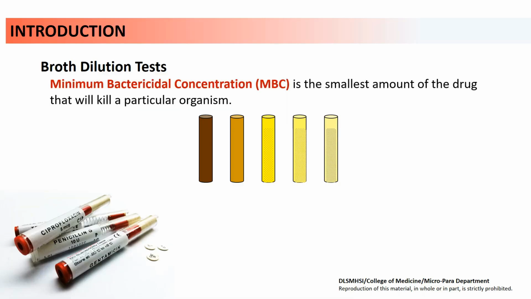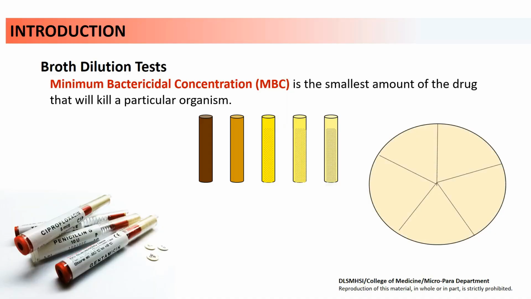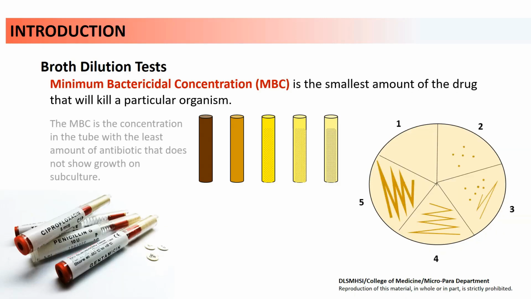The antibiotic's MBC is the smallest amount of the drug that will kill a particular organism. So the keyword here is kill. The keyword for the MIC is inhibit. How would we know that it has the ability to kill that particular organism? These tubes will be subcultured on an agar plate and observed for growth after an overnight incubation.